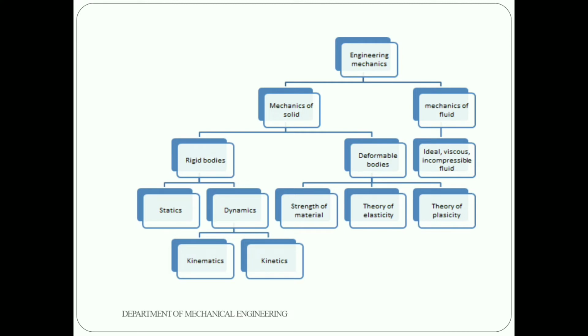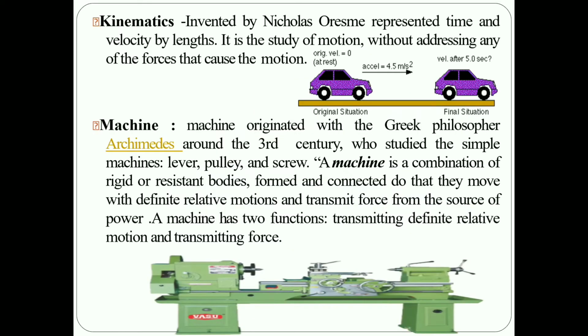Rigid body is nothing but it does not occur any deformation while the external force is applied on it. Deformable body means it is affected while the external forces are applied on it. Rigid body is further classified into statics and dynamics. In dynamics, it is classified into kinematics and kinetics.